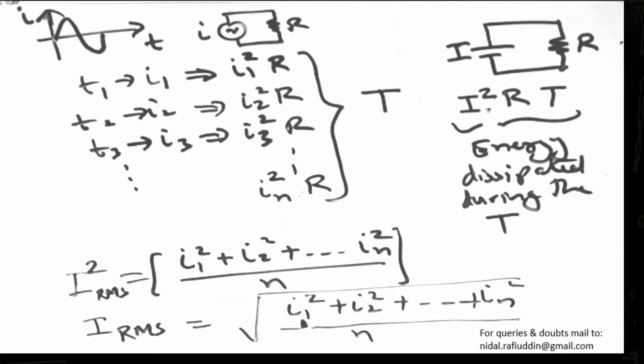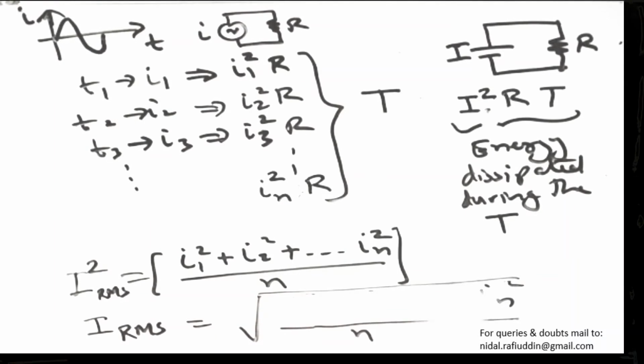So now what we do is we replace this by the integration term as we did in case of the average value. So we have the integration and then the limit. Let's say the limit is from A to B or 0 to capital T, if we start from 0 and the total time for which we are interested to compute the RMS value is capital T, and then we have the continuous values given by small i.